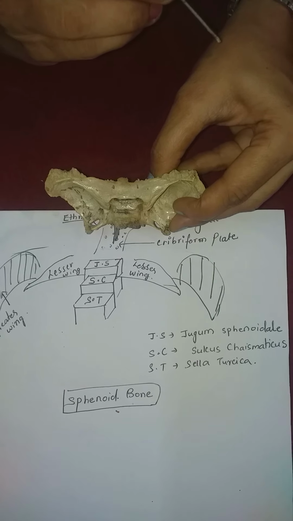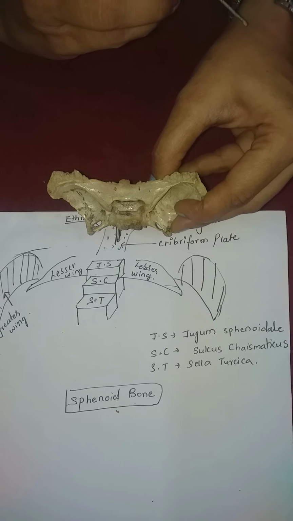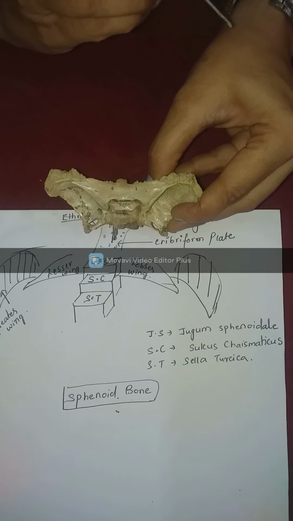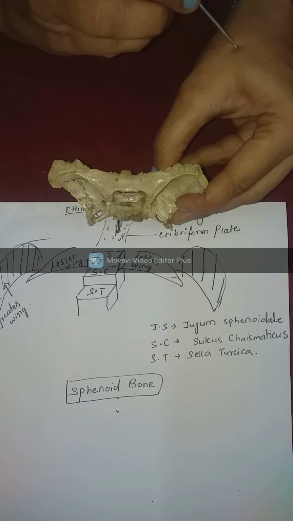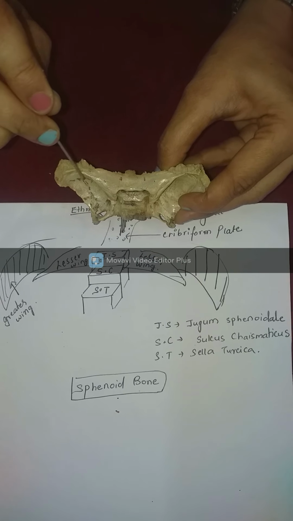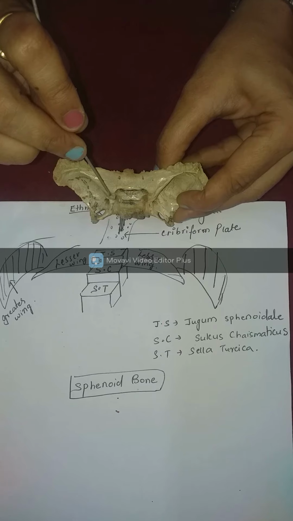So if I tell you that the posterior margin of the anterior cranial fossa is formed by the posterior margins of the lesser wings, yes, now we are able to identify them.